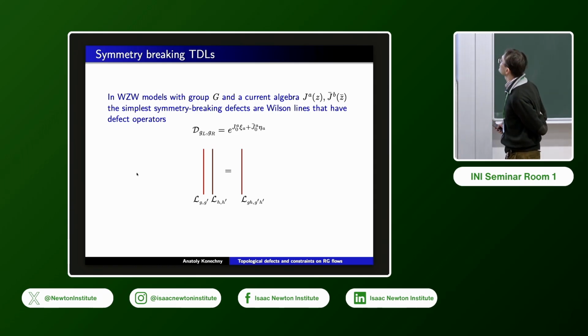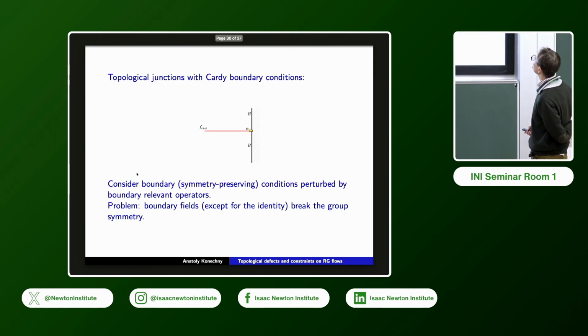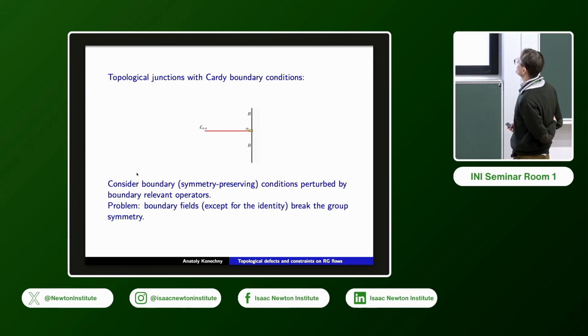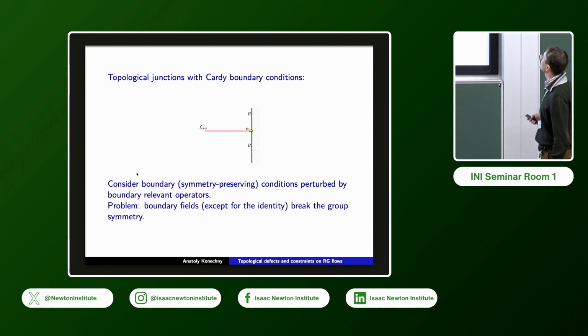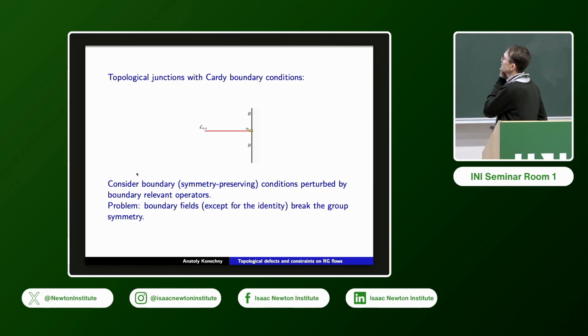They look like that, and the fusion rule corresponds to just the group multiplication. You can choose left and right components arbitrarily, so they're all topological, but only the diagonal subset, in my conventions L=G, R=G, can be topologically attached to the symmetry preserving Cardy boundary conditions.